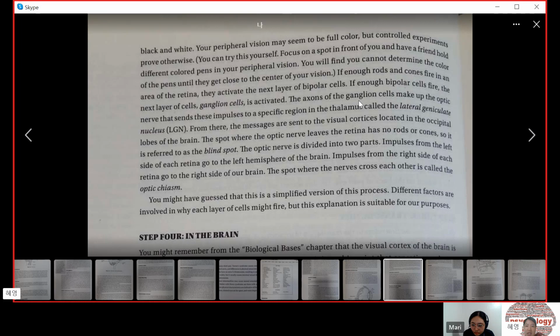The axons of ganglion cells make up the optic nerve that sends these impulses to a specific region in the thalamus called the lateral geniculate nucleus, LGN. From there, the messages are sent to the visual cortices located in the occipital lobes.